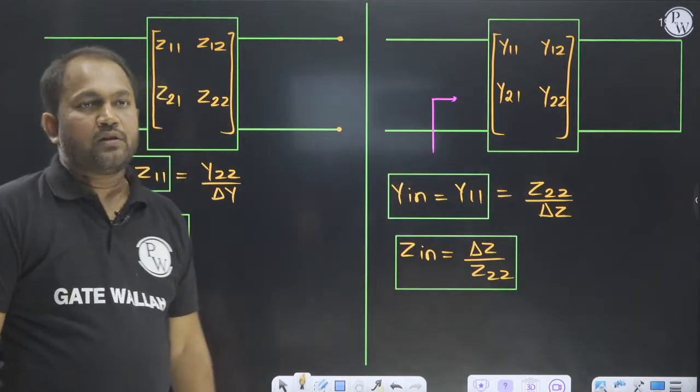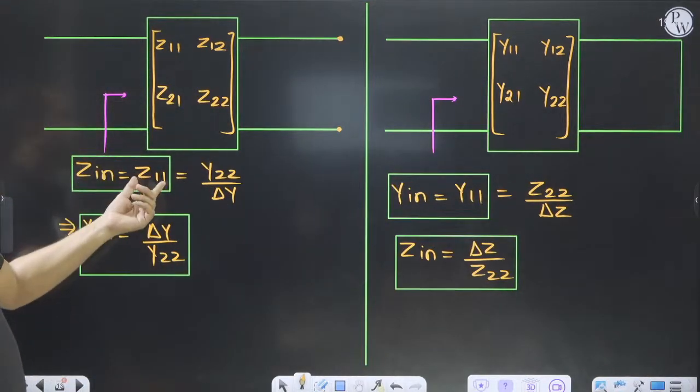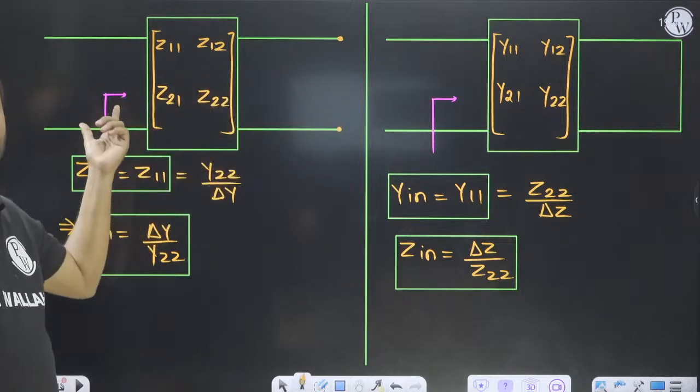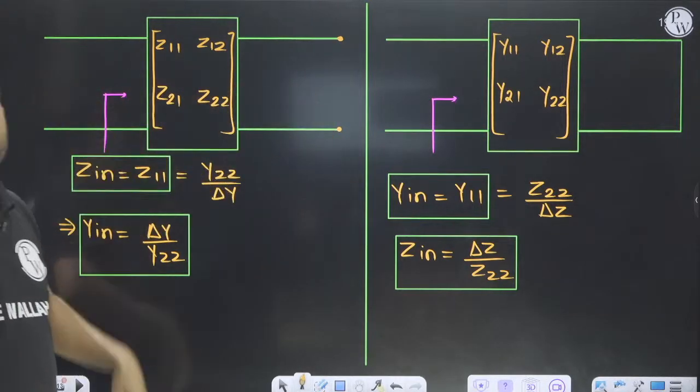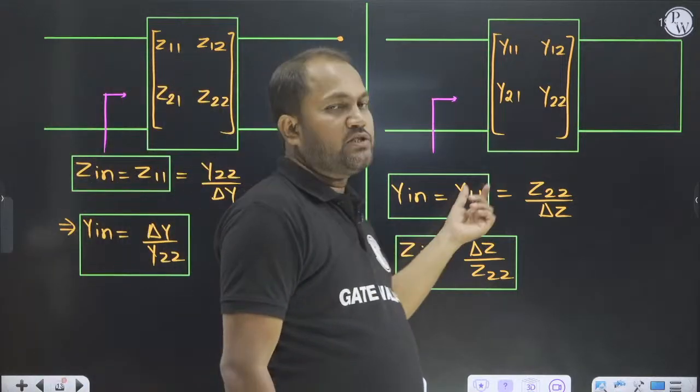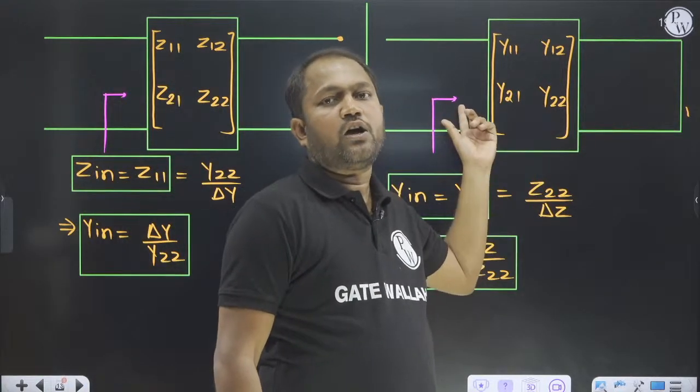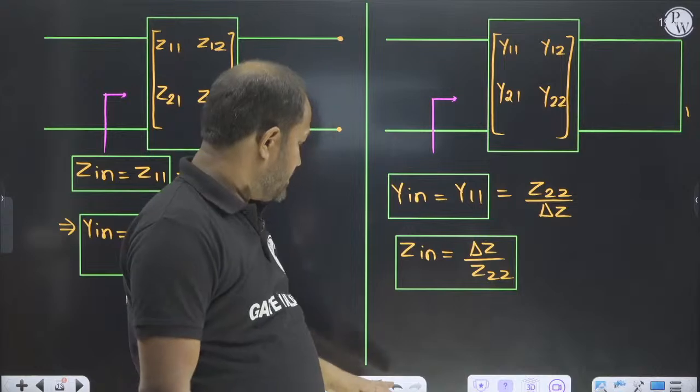So Z11 is known as open circuit input impedance, and Y11 is known as short circuit input admittance.